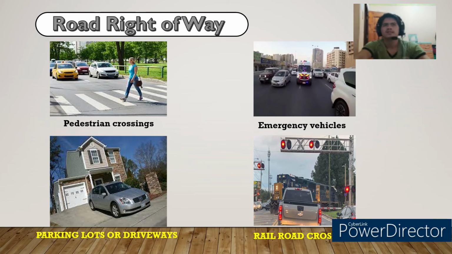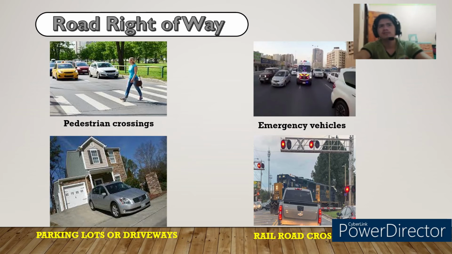The next is the road right of way. As you can see in the picture, it basically pertains to the road users who have the right to go first in a particular situation or place.